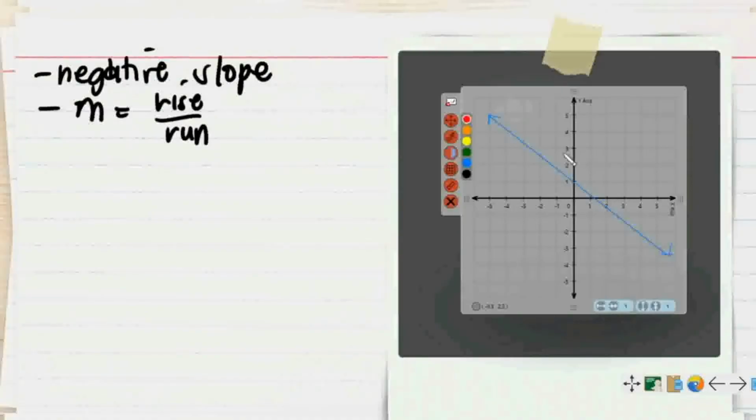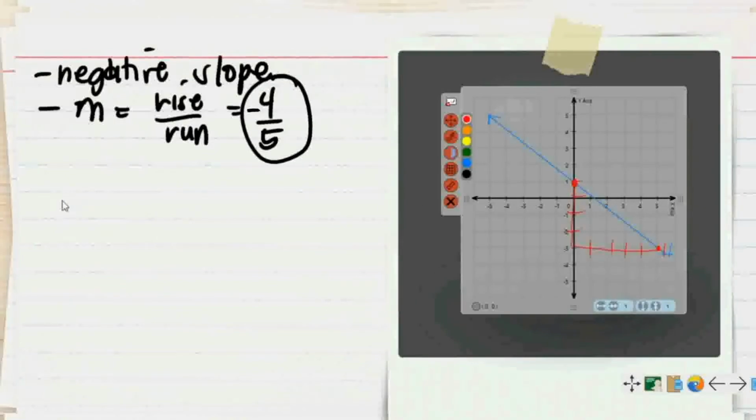May 2 points tayo dito sa line natin. So, yung rise niya is 1, 2, 3, 4. And then, 1, 2, 3, 4, 5. 5 naman yung kanyang run. So, 4 over 5. So, ito yung slope niya.